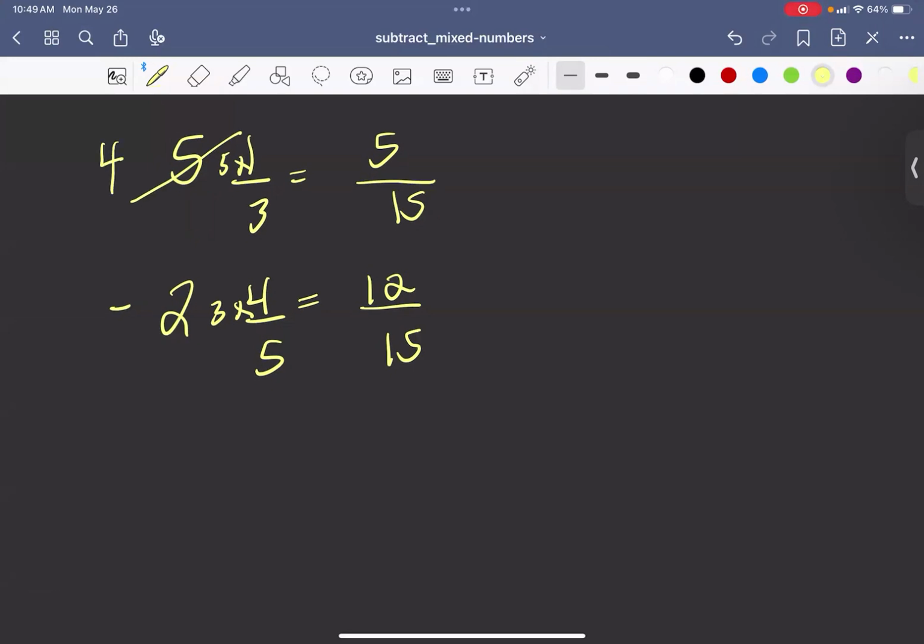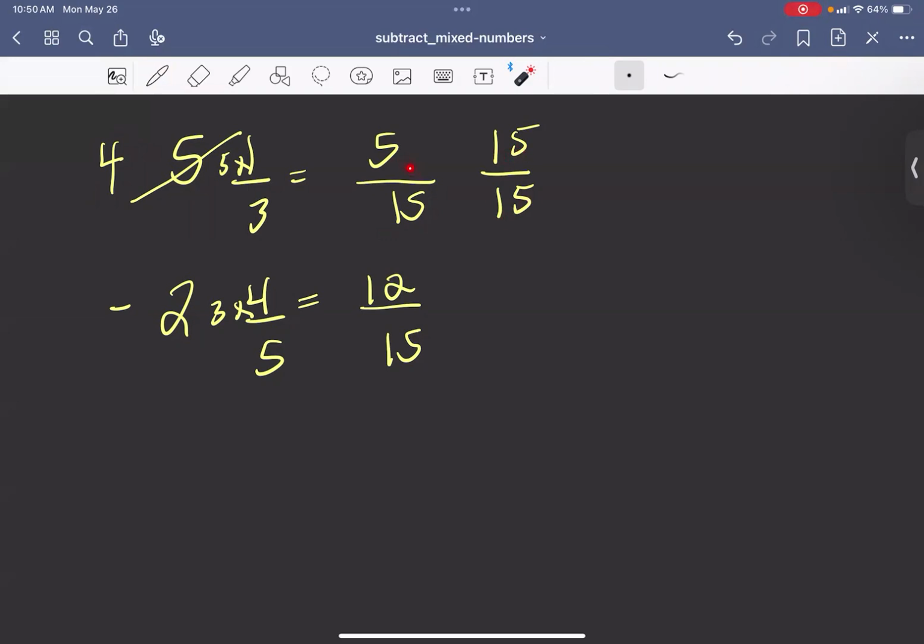And now I'm going to rename that one whole that I borrowed as 15/15. I rewrote it as 15/15 because the denominator here is 15. If the denominator was 7, I would rewrite it as 7/7. If it was 100, I would rewrite it as 100/100 because any fraction over itself is equal to 1.